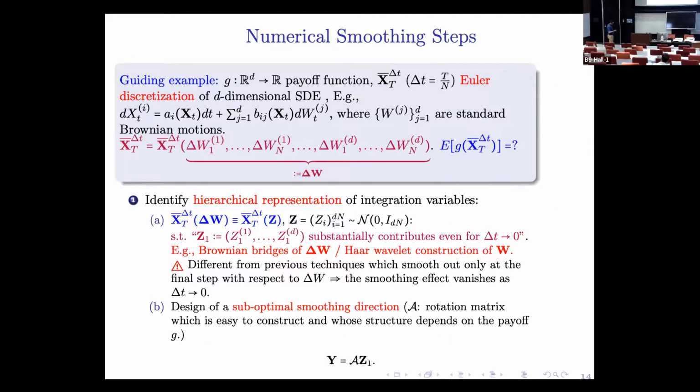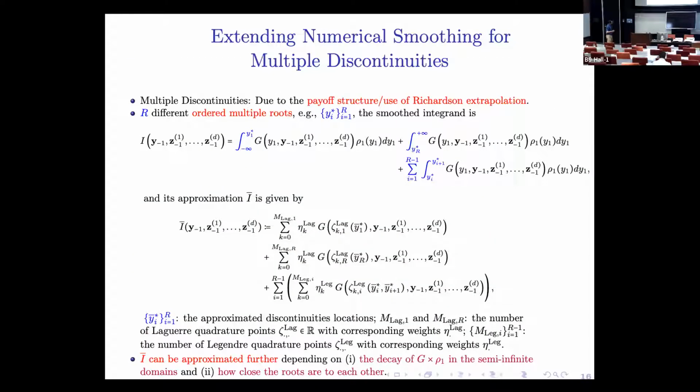All right, so here I discussed that we have a single discontinuity, but if we satisfy some conditions, we can also have problems with multiple discontinuities. This can be due to the payoff structure, or also if we use Richardson extrapolation, as I will show later.